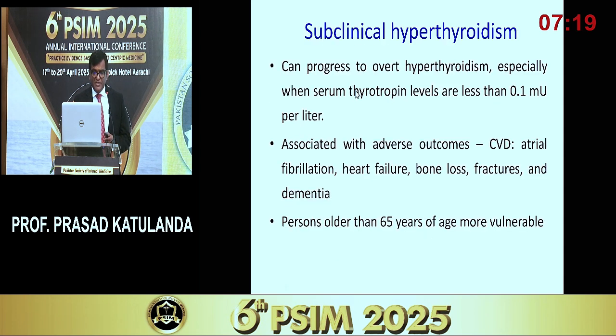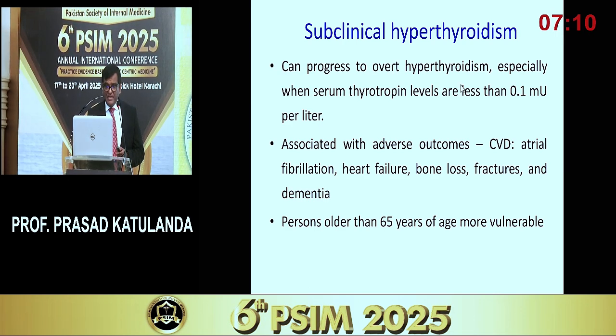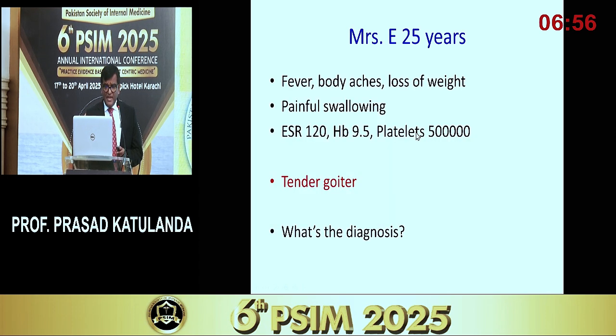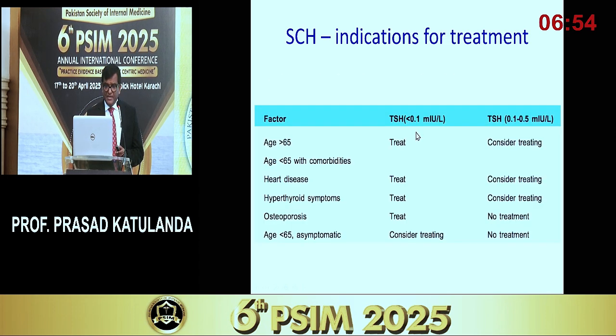Subclinical hyperthyroidism, as we know, is low TSH with normal thyroid hormones, can progress to overt hyperthyroidism, particularly when the TSH is very low. It can be associated, particularly in the older people, with adverse outcomes, particularly atrial fibrillation, heart failure, osteoporosis, and dementia. Because of that, there are specific indications for the treatment for subclinical hyperthyroidism.